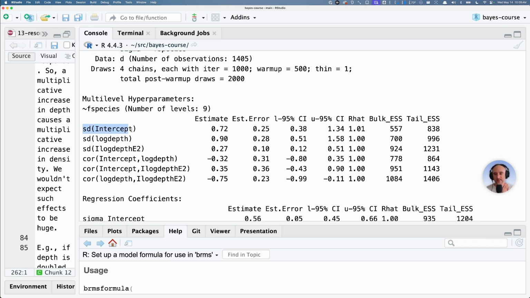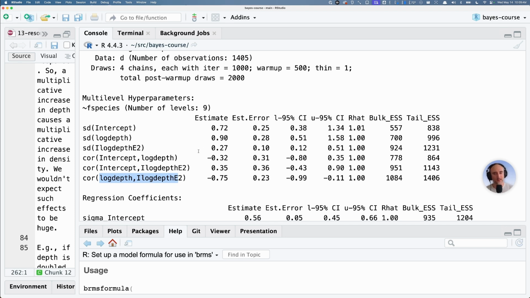So these are the standard deviation of the random intercept, standard deviation of that log depth slope parameter, spread across species levels. Same thing for the squared term. And then you've got the correlation between various random effects. So you've got the intercept against these slope terms, and then the correlation between those two slope terms and the random effects across the species.